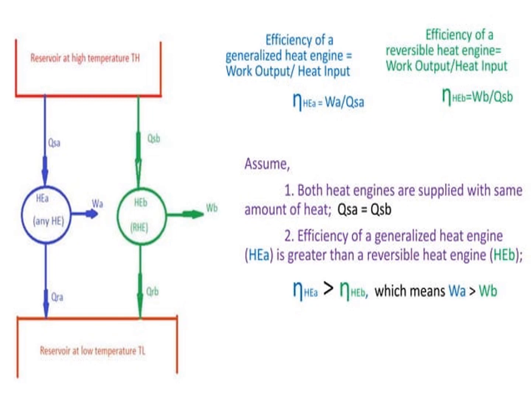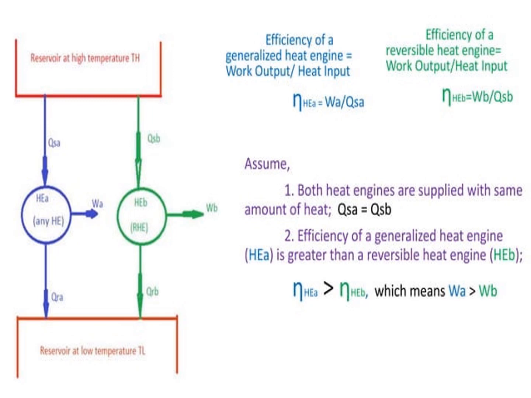Now we already know the statement that when a heat engine is operating between the high temperature reservoir and the low temperature reservoir, the reversible engine is more efficient than any other engine. Here we assumed that the efficiency of the generalized heat engine, the irreversible engine, is greater than that of the reversible engine.